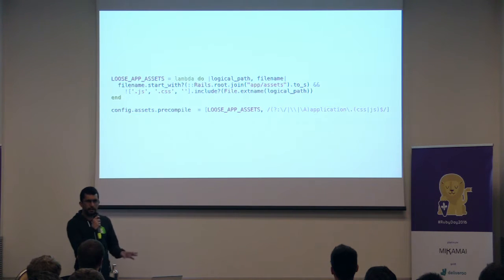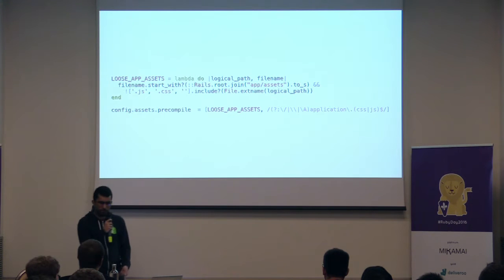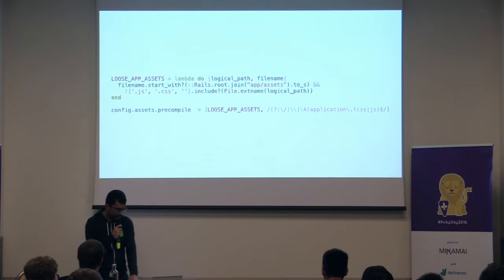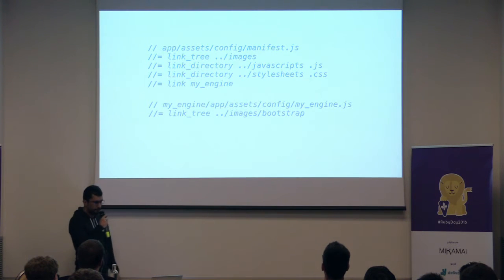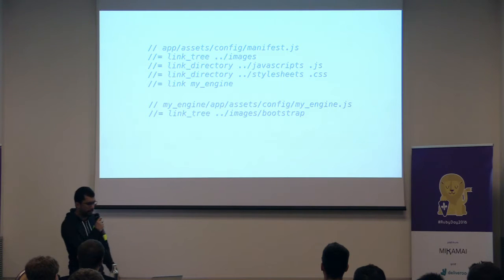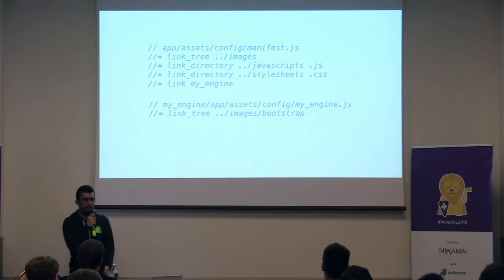We noticed that it's really hard to understand, so we changed the way we declare the files being compiled to a more declarative way. And this new way looks like this. We are saying that we want to compile all the images inside that folder, all the JavaScript inside the JavaScript folders, all the CSS files inside the stylesheet folders, and also everything that my engine registered on the assets pipeline.